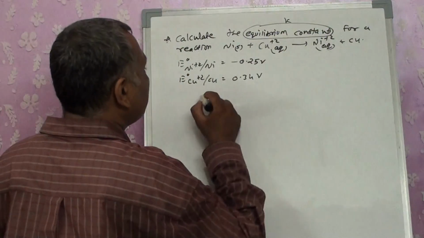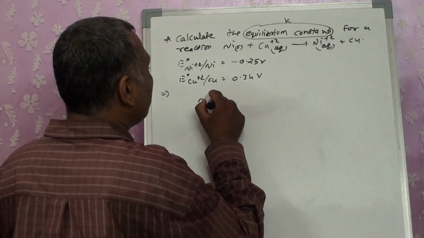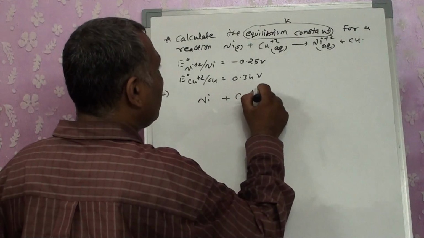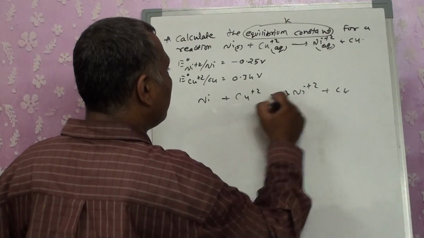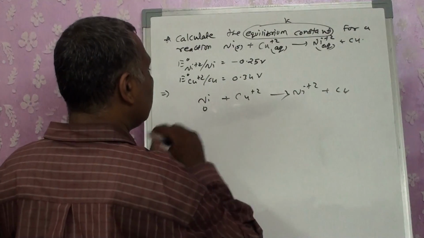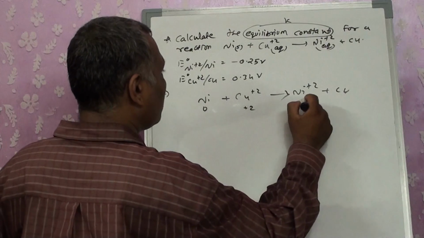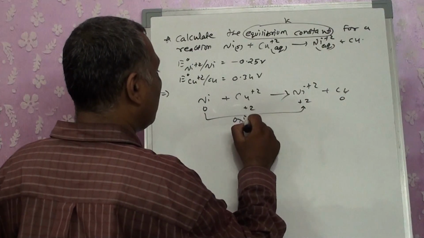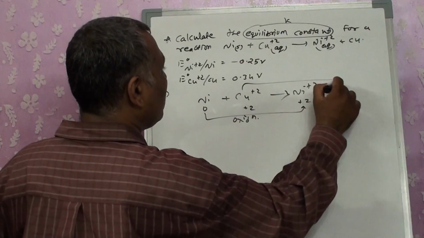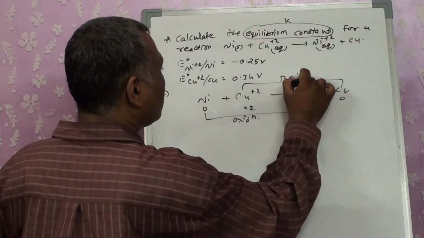Now the reaction shows Cu2+ and Ni2+ and Cu, with oxidation states 0 and plus 2. So one is going for oxidation and the other for reduction.